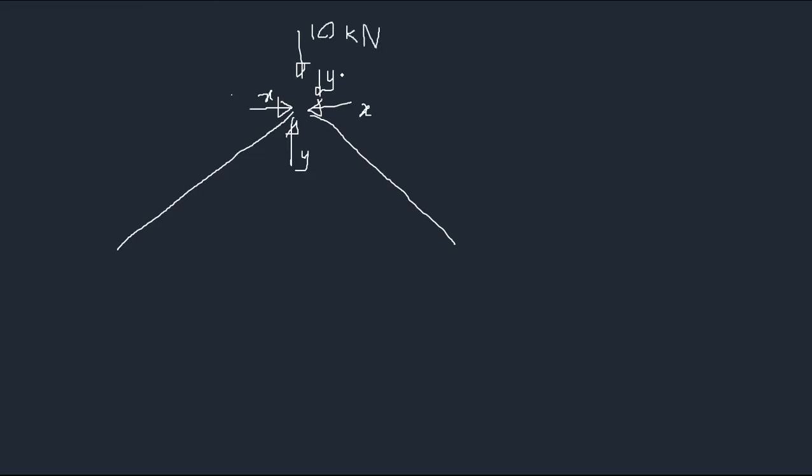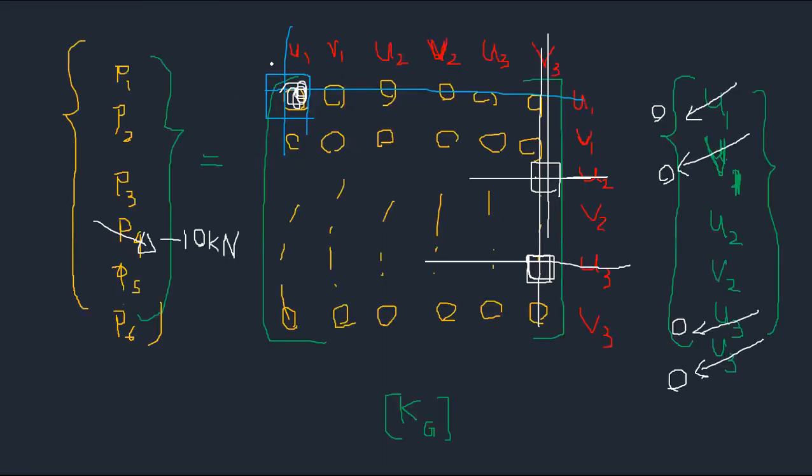So you are considering the whole node. Then these parts will be cancelled. What's remaining is 10 kilonewtons. That's why these are not coming. The remaining force at the node will come, right?